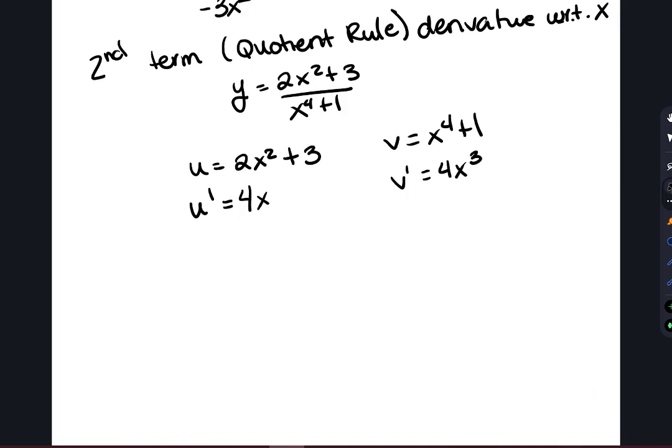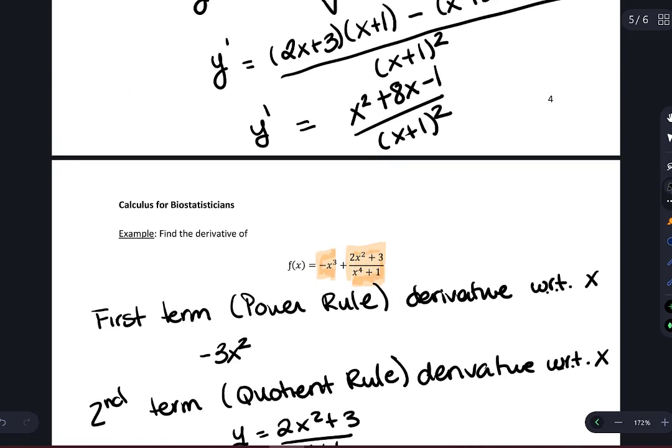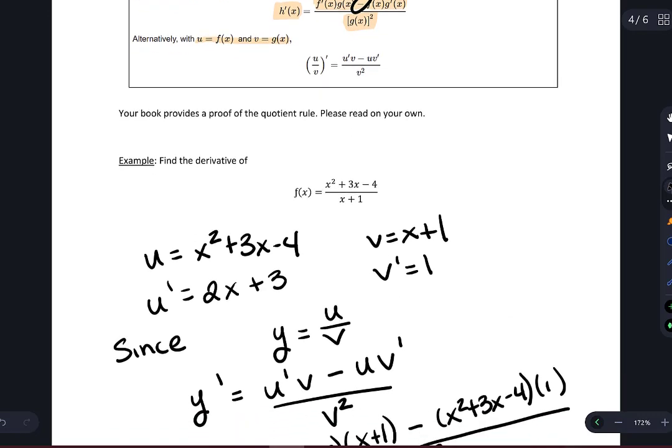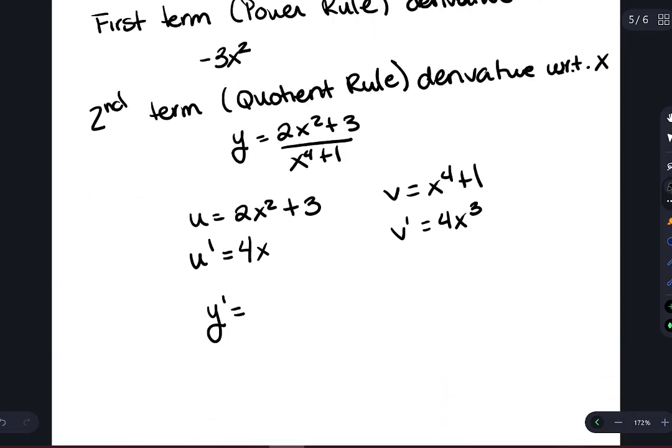Now applying the quotient rule. Remember, for our quotient rule we have u prime times v minus u times v prime divided by v squared.